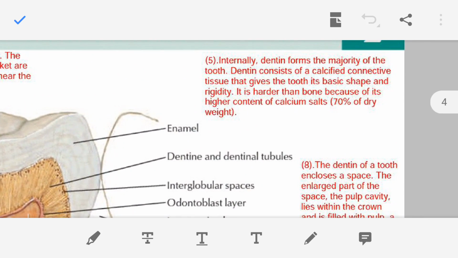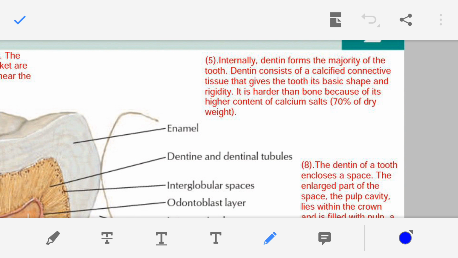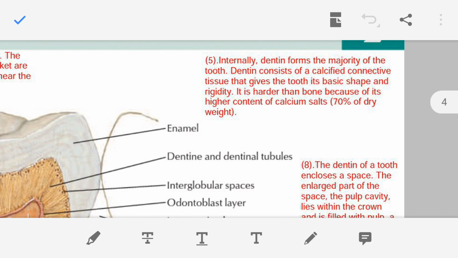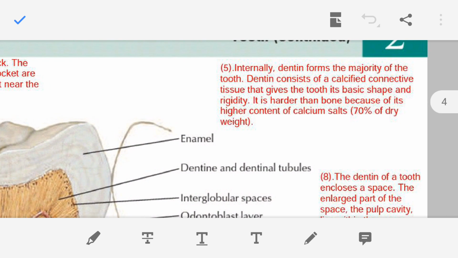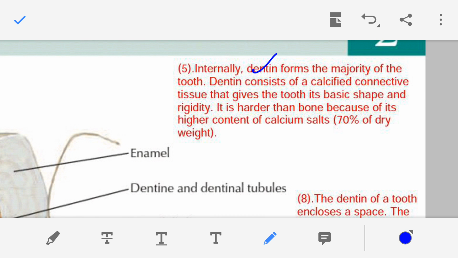Now what is this dentine made up of? In the dentine, calcified connective tissue is present, and this calcified connective tissue gives the basic shape to our tooth. So for the shape of our tooth, we can say the dentine is responsible, and at the same time dentine also provides rigidity to our tooth.